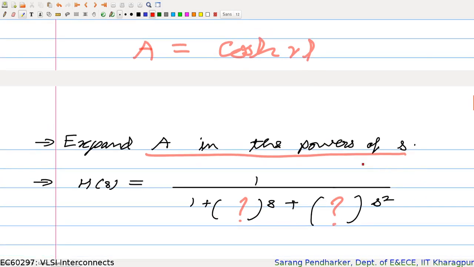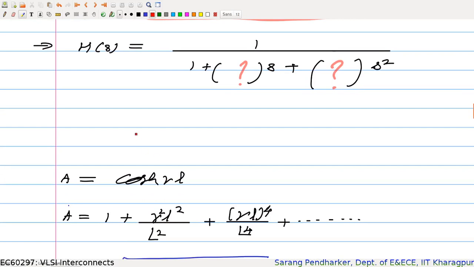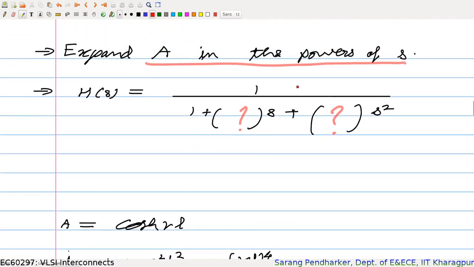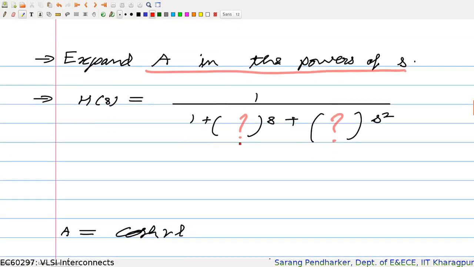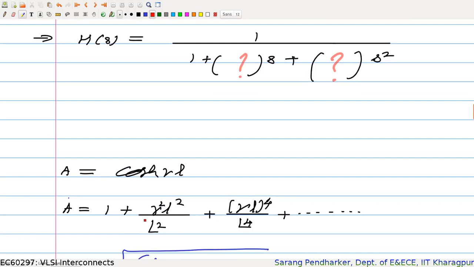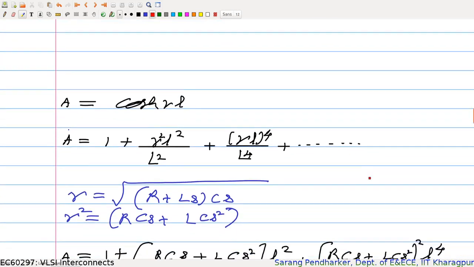So I would ask you to pause this video now and do this derivation on your own. It's simple. Look at the expansion for cosh(gamma L). What you also know is that the expression for gamma is in terms of R, L and C. So if you expand this A in terms of a series, you will get something like this: 1 plus gamma square L square by factorial 2 plus gamma to the power 4 L to the power 4 by factorial 4 and so on.